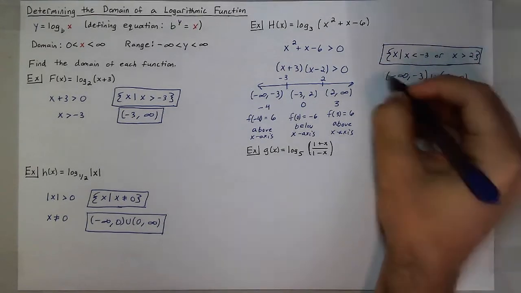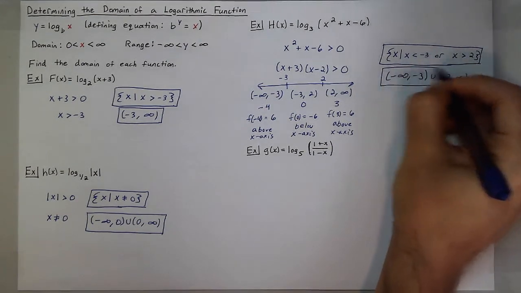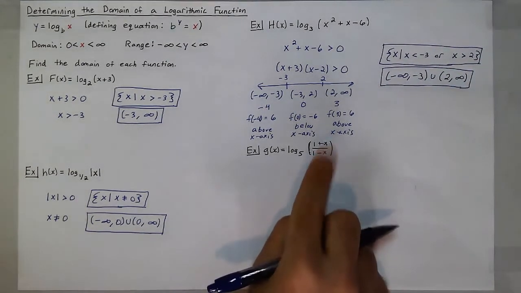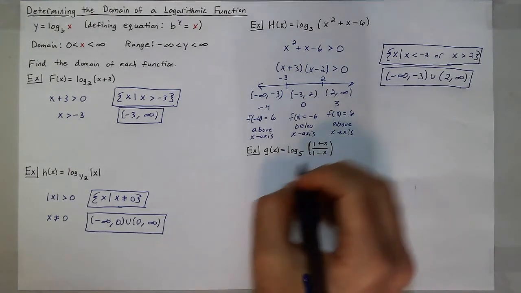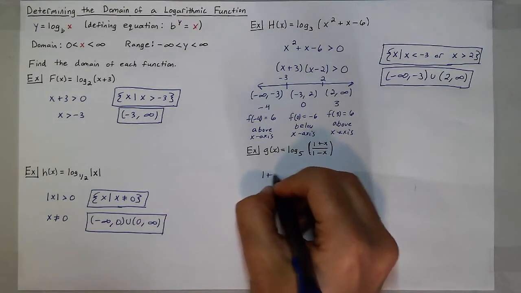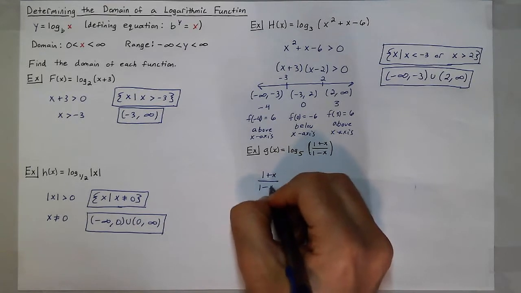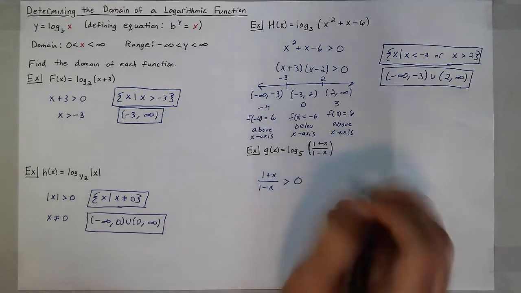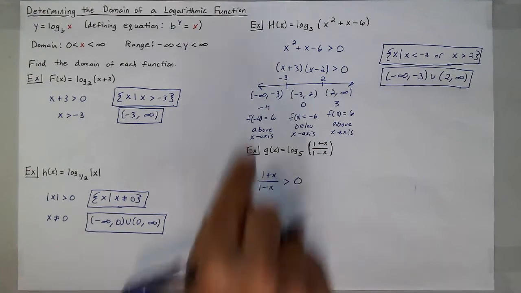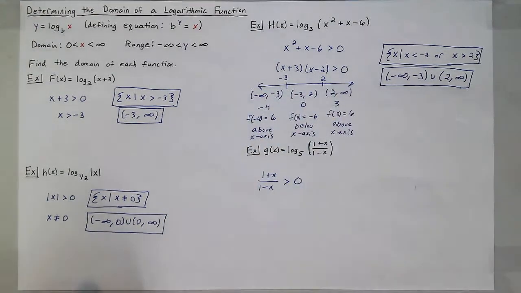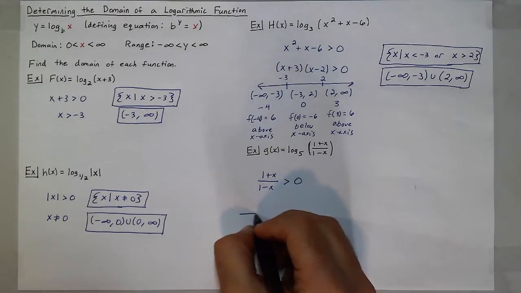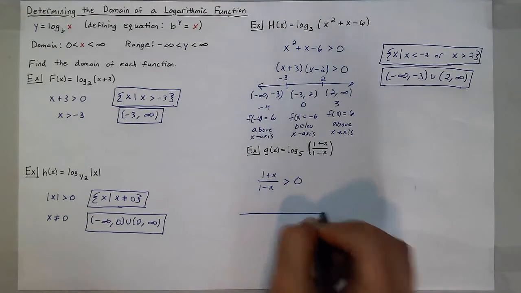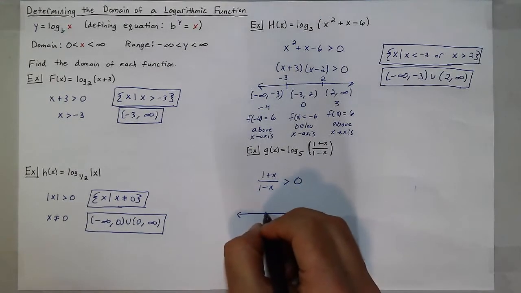Now for the last example, I have a rational function within the logarithmic function. So I'm looking to see where is 1 plus x over 1 minus x greater than 0. Now, luckily this is already factored, so I can jump right to that next step to see where it's positive and where it's negative. So I'll draw a number line for a graphic organizer.